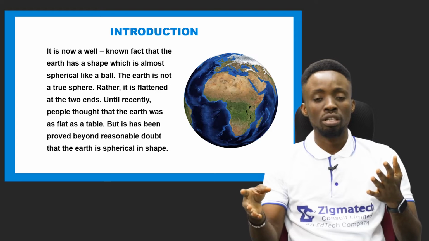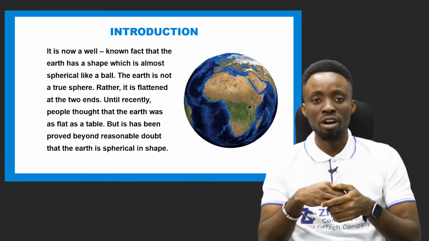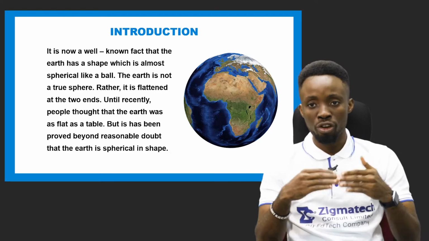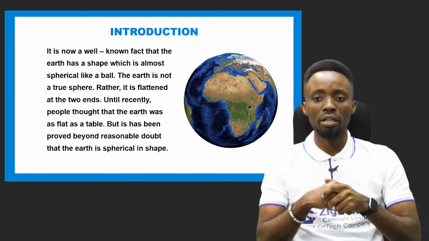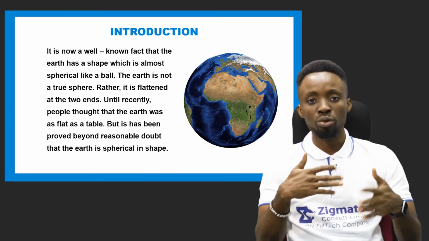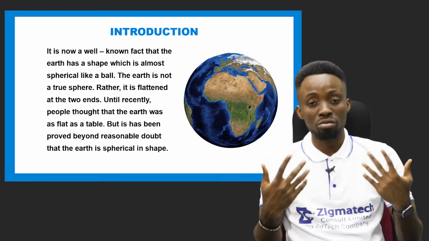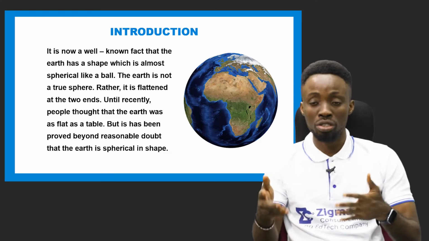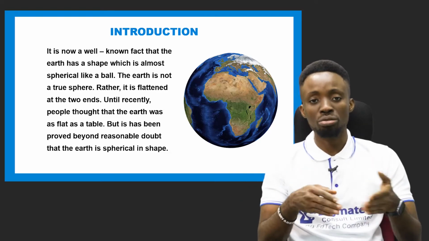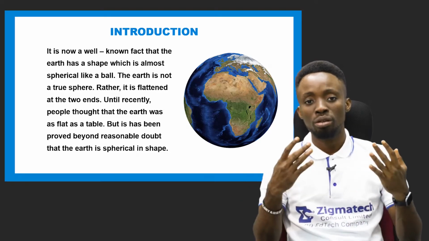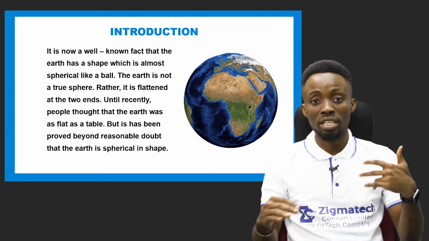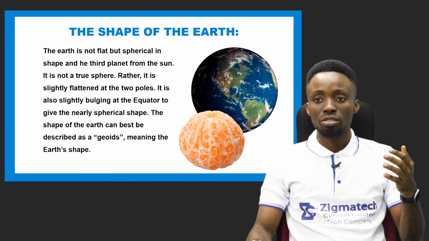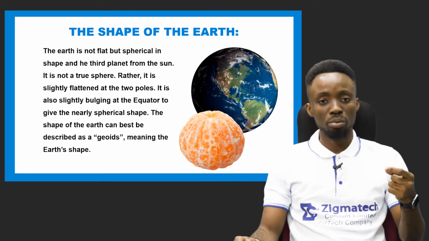There's been a whole lot of arguments surrounding how the Earth looks like for a very long period of time. Not until recently when people discovered different reasons why the Earth is not flat but round. And as at today, it has been proven beyond doubt that the Earth is actually round and not a flat land. Now, let's look at the shape of the Earth.